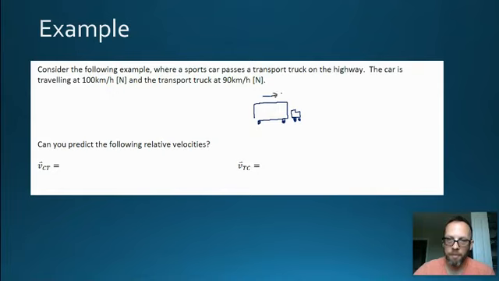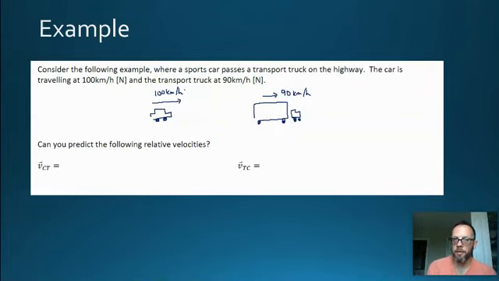And it's driving at, let's just say north is to the right here, 90 kilometers per hour. Then we have the car traveling at 100 kilometers per hour. So clearly, the car is going to overtake the truck.